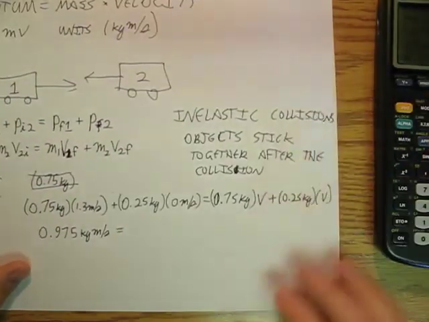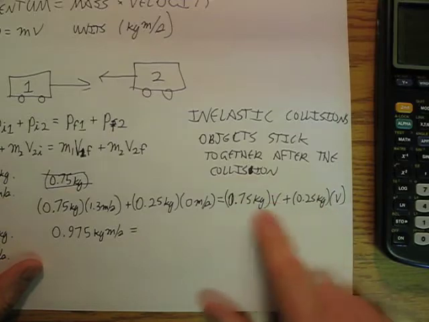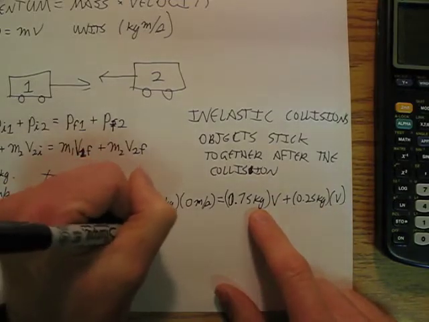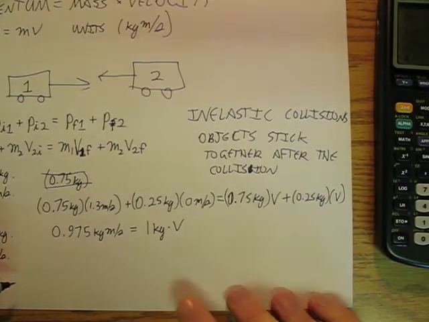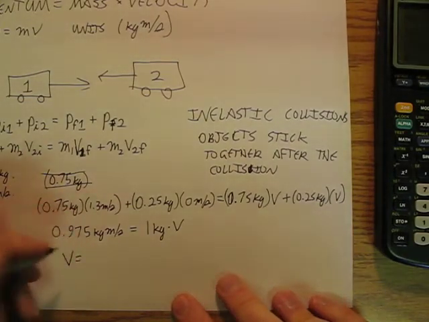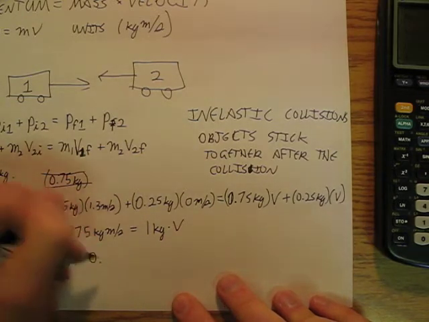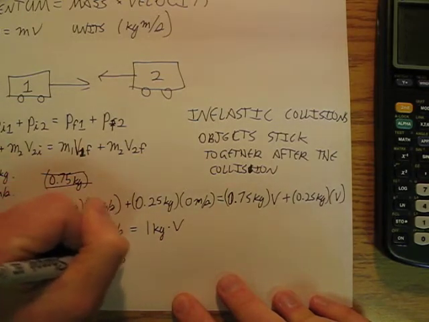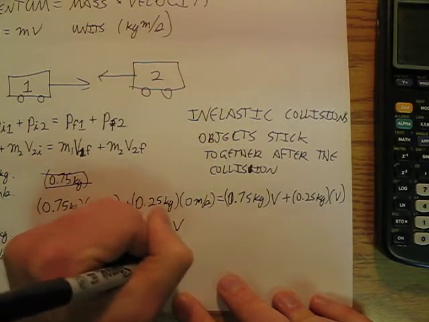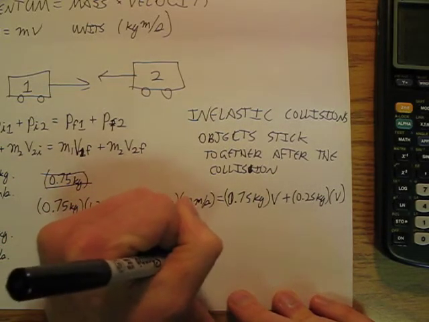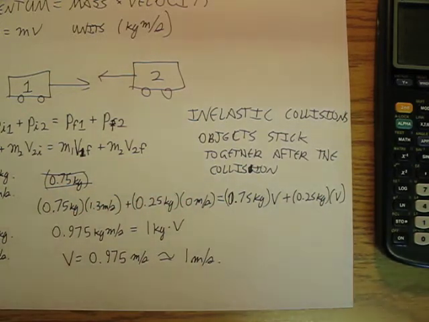And then my whole right side here is going to be 1 kilogram times V. Now solve that for V, and I just divide by 1, so I get 0.975 meters per second, or we'll call that approximately 1 meter per second, roughly.